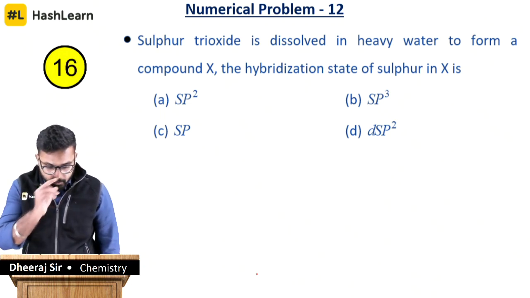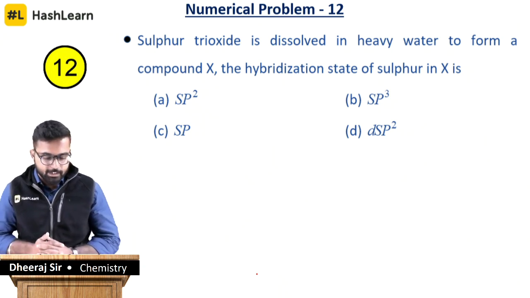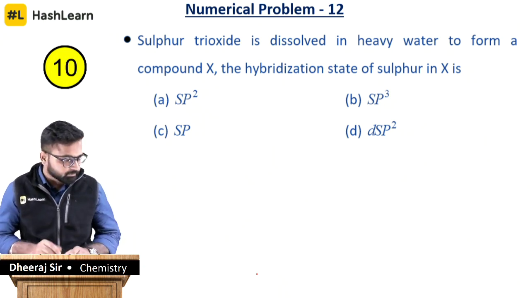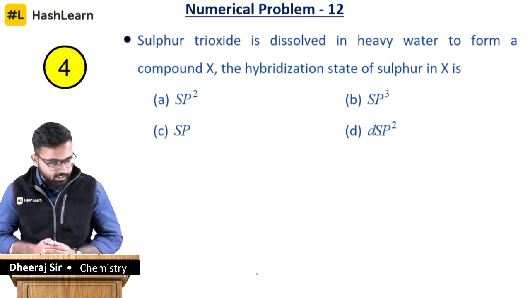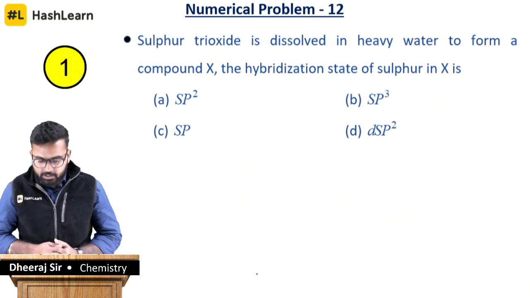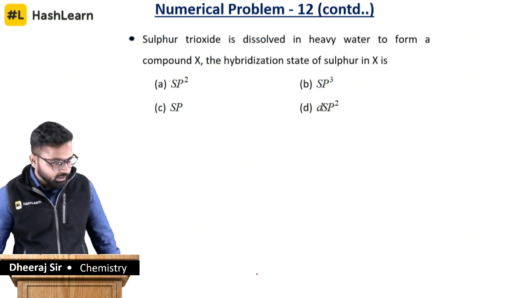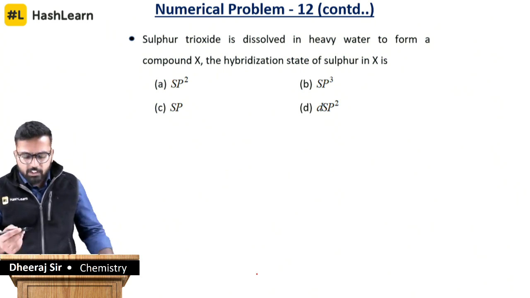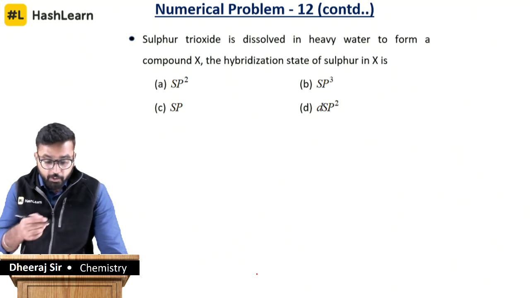Quickly. The options are sp2, sp3, sp and dsp2. Which one is it going to be? You just have to create a reaction between sulfur trioxide and heavy water. If you think heavy water is difficult, heavy water is D2O, dideuterium oxide.